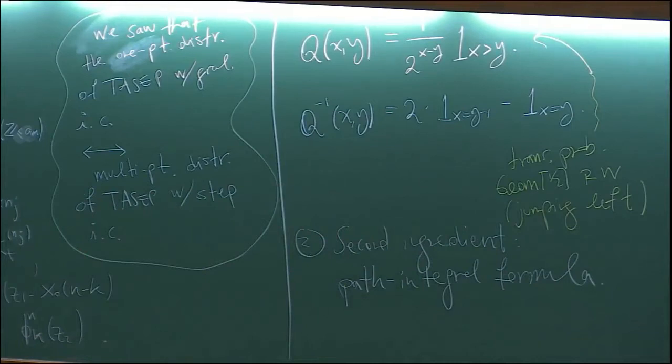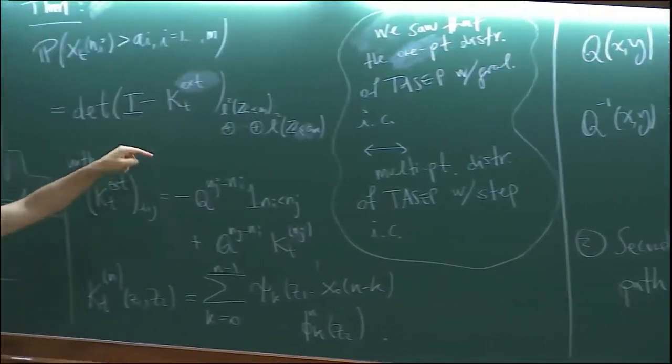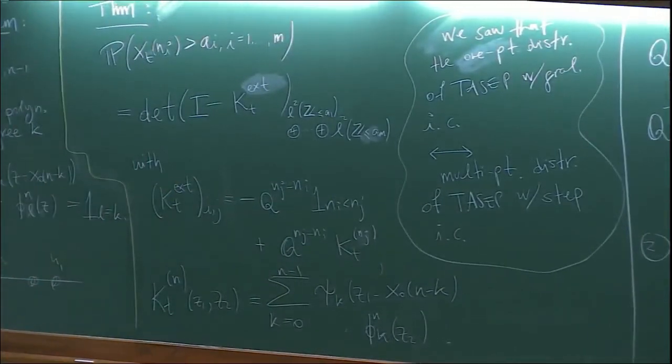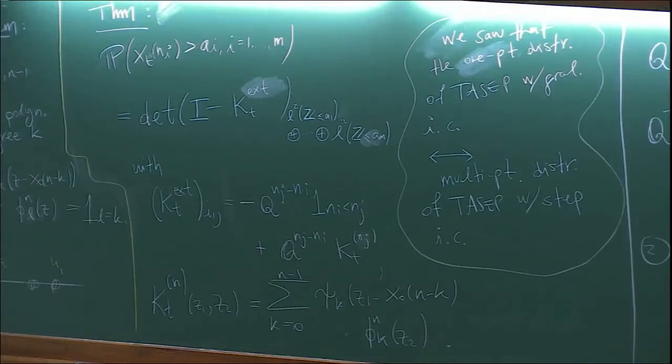And I'm going to write it right now. But the idea is that there is an alternative formula for this object, which is not a formula in terms of an extended kernel, but instead a formula in terms of a single kernel. Okay, and the formula looks as follows, and then I'll tell you where it comes from.